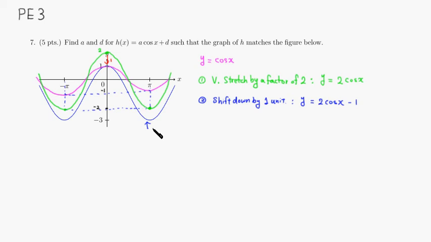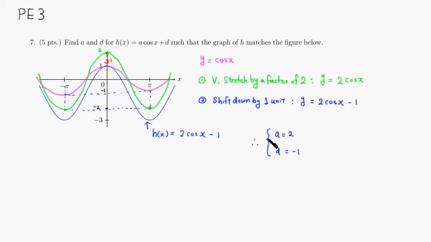So h of x that we're looking for is equal to 2 cosine of x minus 1. So therefore, the answer we're looking for: we want the a value, which is 2, and the d value, which is -1.